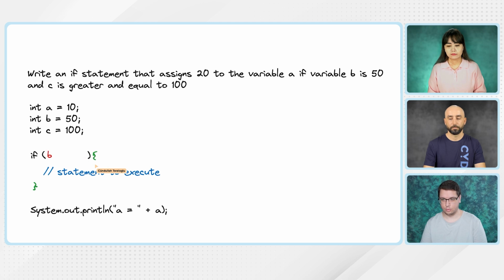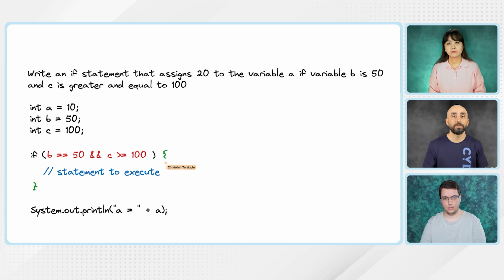Let me write it. So we are saying b needs to be 50, and at the same time, c needs to be greater than or equal to 100, right? Let me fix the if statement that we have here as well. If you guys remember, in the last modules, we learned the relational operators and logical operators, and we mentioned that these operators we will use in the if statements.